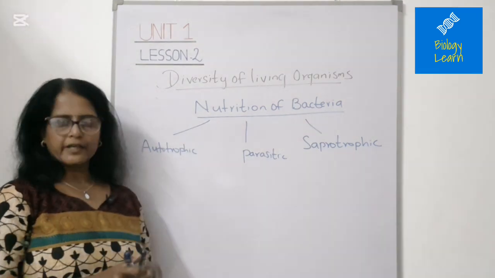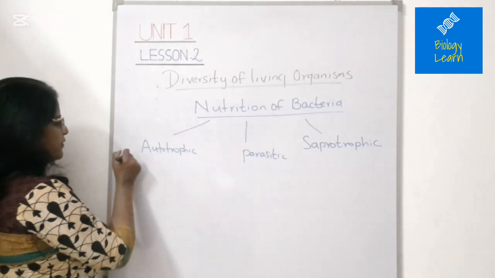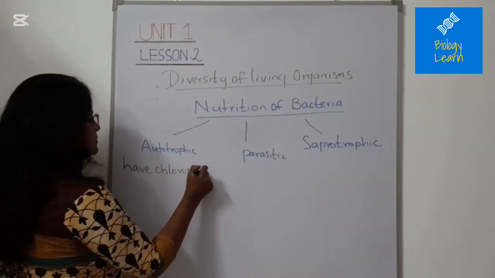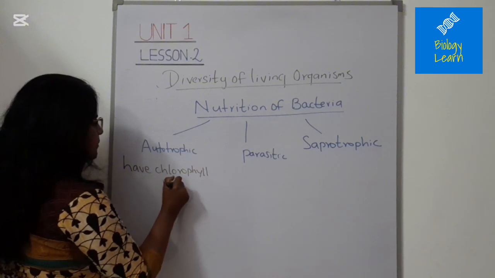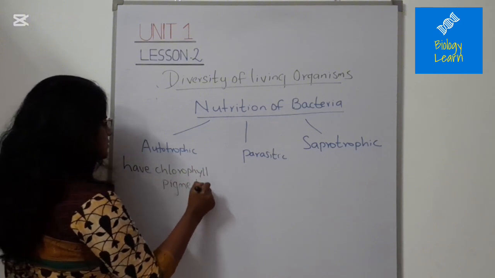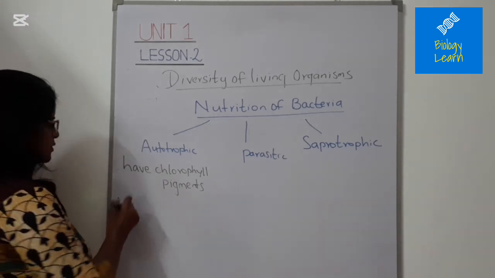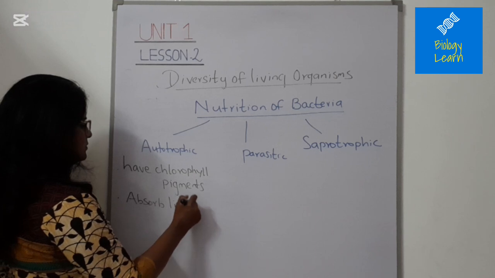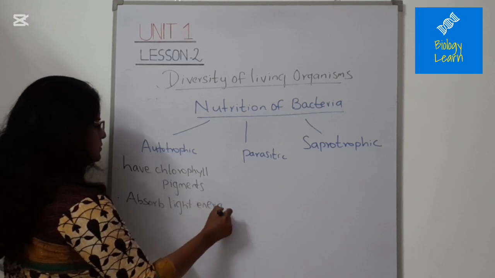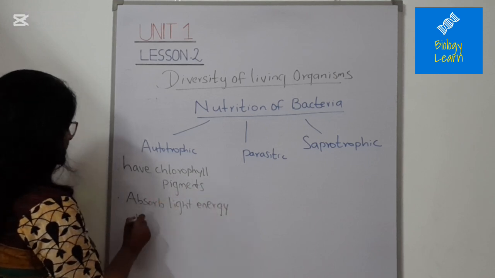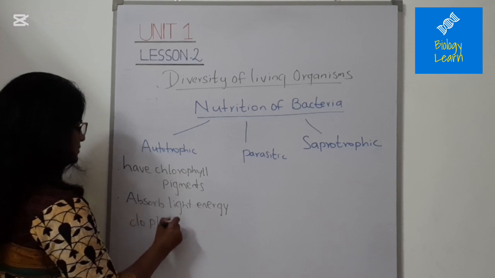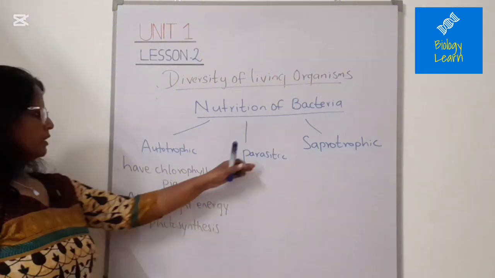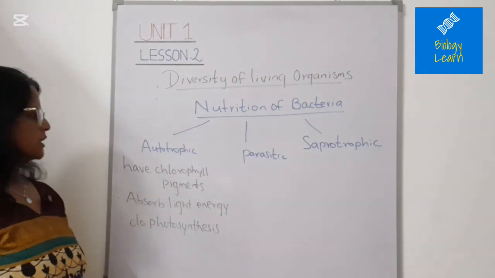What is autotrophic nutrition? They have chlorophyll pigments, absorb light energy and do photosynthesis. What is parasitic nutrition?